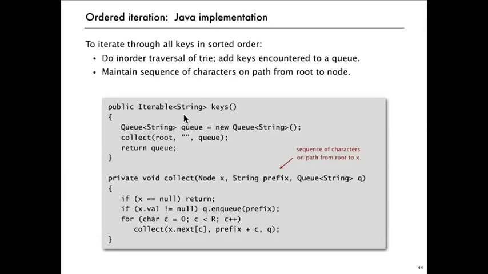So if the client wants keys, we make a queue, then we call a recursive routine that collects all the keys in the trie starting at that node, and given a null string, which is the sequence of characters on the path to the given node. When that recursive routine returns, then we just return the queue.